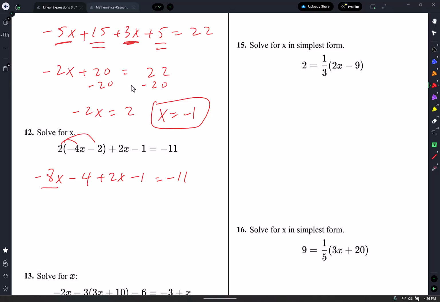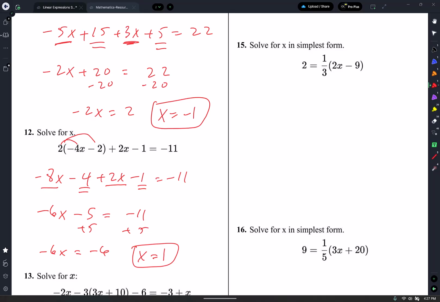I have a negative 8x and a positive 2x, so it's going to be a negative 6x. Then negative 4 and negative 1, it's the same sign, so you add them up and keep the negative. Minus 5 equals negative 11. I'm going to add 5 to both sides. Negative 6x equals, let's see, I think that's going to be a negative 6. And then divide both sides by negative 6, I get 1.